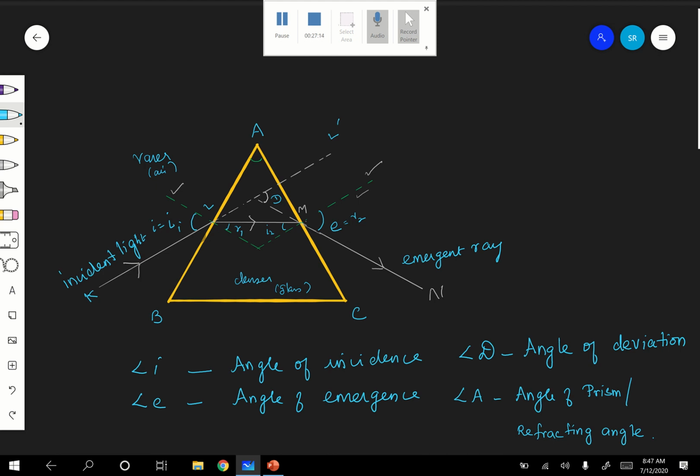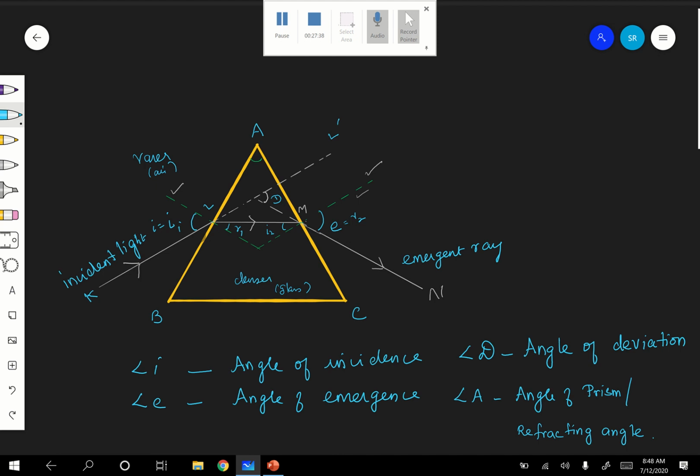Is it clear? So this is how the light suffers refraction when it enters the glass prism. In the glass slab also two refractions, rarer to denser, denser to rarer. The prism also has two refractions, rarer to denser, denser to rarer.